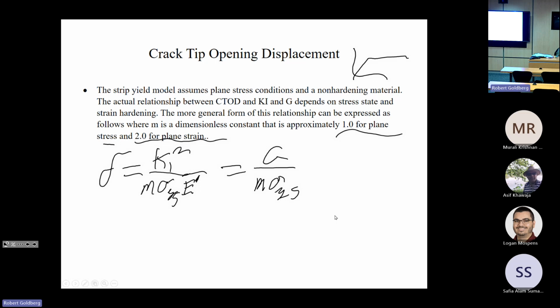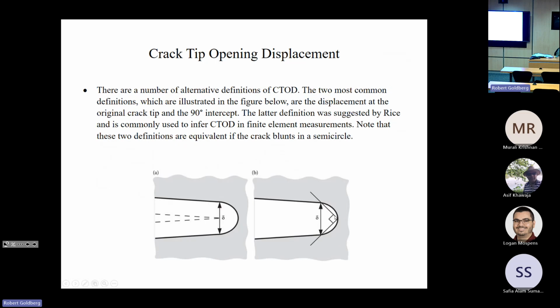Now, like anything else, this was based on early work. So just to briefly talk about, there have been some alternative definitions of crack tip opening displacement that have been developed. And two of the more common definitions, at least common according to the book that I used, are illustrated in the figure below.